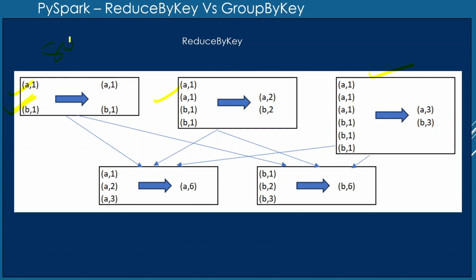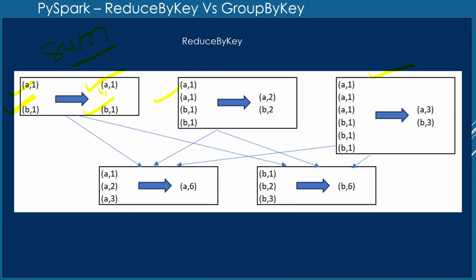Suppose we are doing an aggregation function, that is the sum aggregation function. First the aggregation function will be applied on each partition. So it will merge all the values per key. Here is one value where you can see that the data is merging per key.